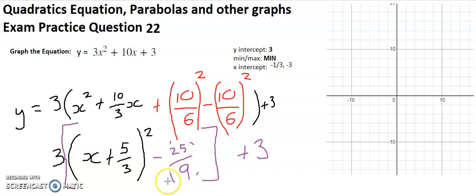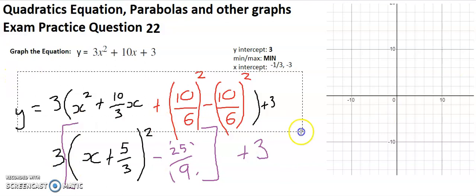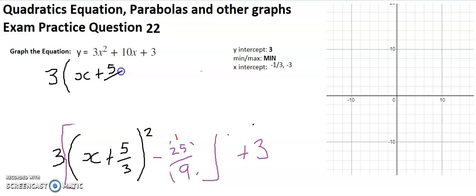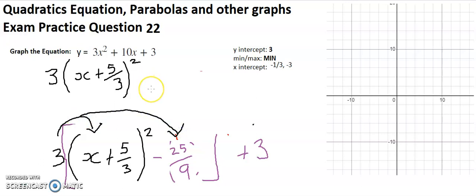The next part I want to do is multiply the 3 by what is in the bracket, and that will simplify it. That leaves me with 3 times the bracket of x plus 5 over 3 squared, and 3 times negative 25 over 9, because it must multiply with everything inside that bracket. So 3 times 25 is 75 over 9. And I've got plus 3.